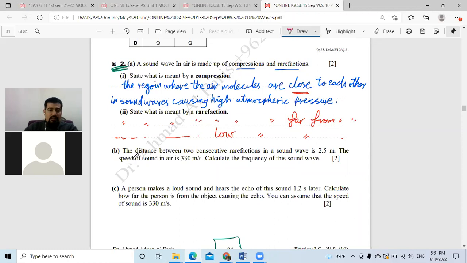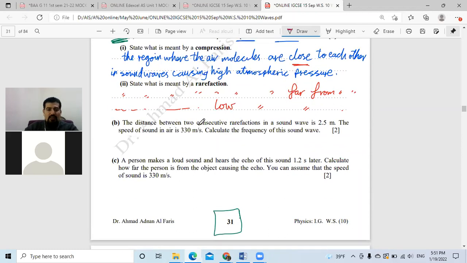Now, the distance between two consecutive rarefactions is 2.5 meters. What does this 2.5 represent? Let's continue.